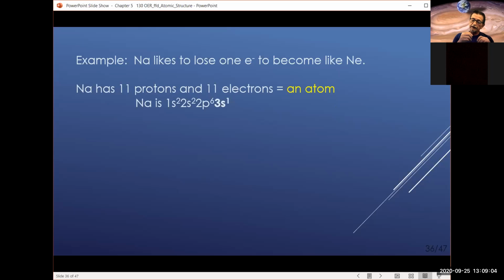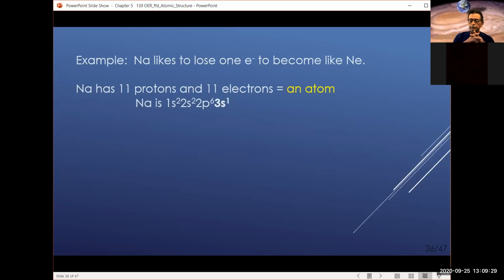So all the P's have a maximum of 6 electrons, and the S has a maximum of 2. So in the second period, we have the S and the P. So it's 2s2, 2p6. At this point, you are at 10 electrons, which corresponds to neon.